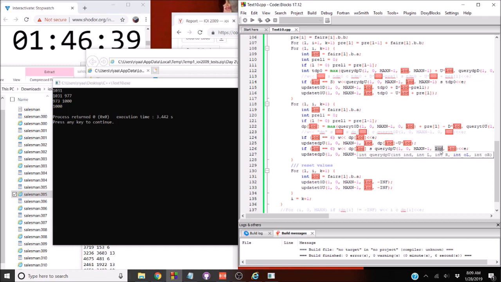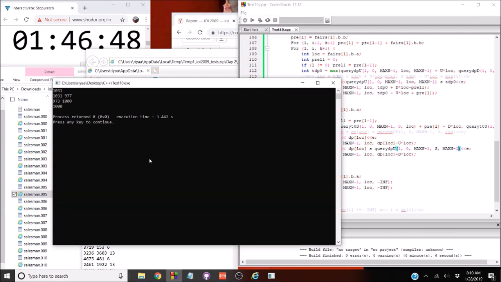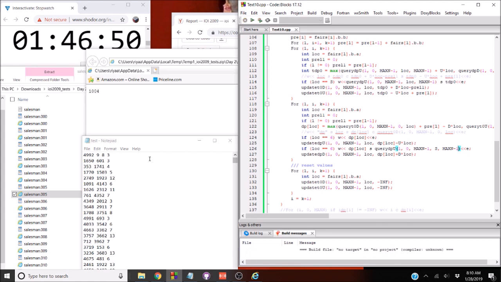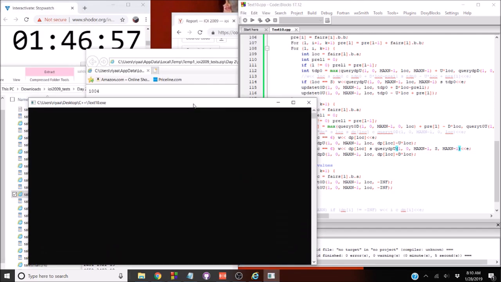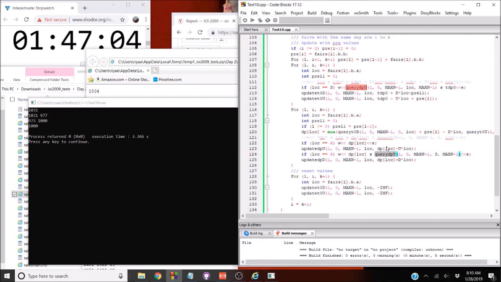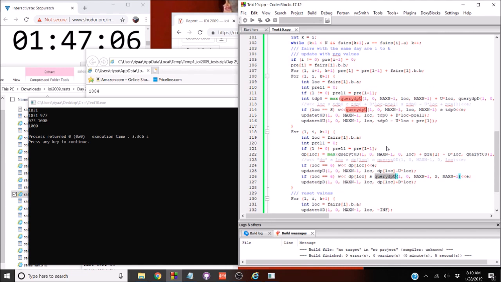Alright, let's just query. This is querying from S to maximum minus 1. And we know that S equals 3, so this is part of the range. This should also be 977. Okay. So it's working. It's working here.